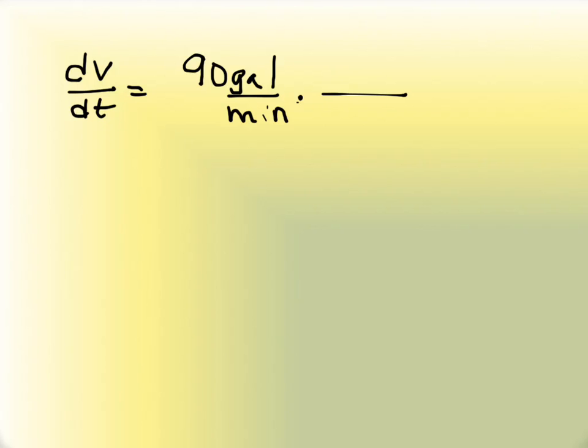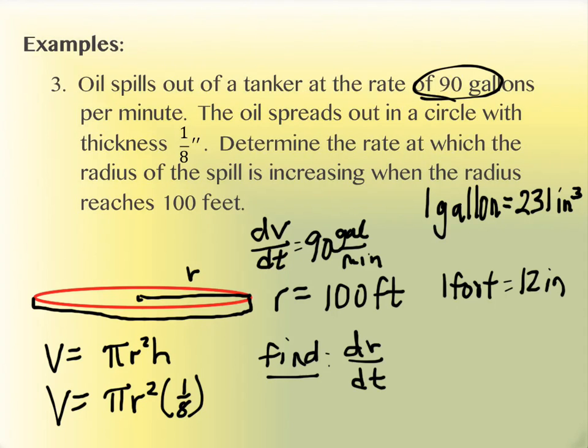All right, so the dV/dt started out as 90 gallons, was it per minute? Yes. Okay. And what I want to do is write this, and you guys have done some chemistry, I know, so this kind of conversion shouldn't look foreign to you. We're going to write this with a ratio between the quantities that are the same.